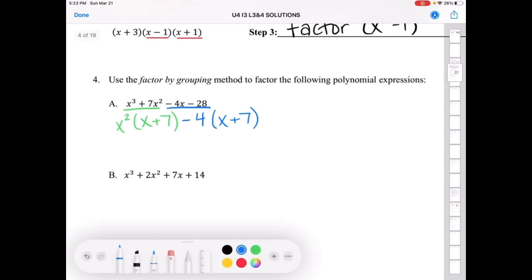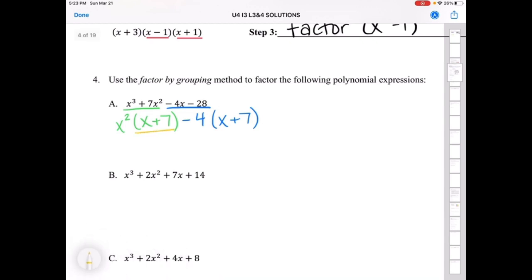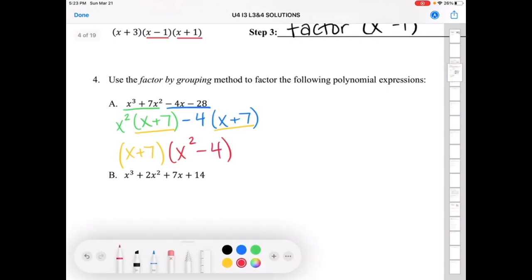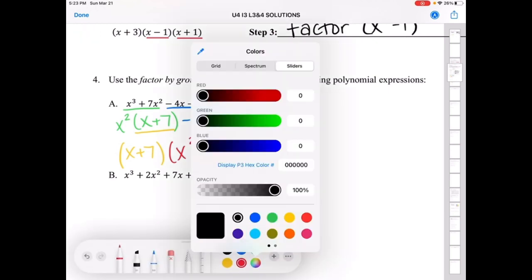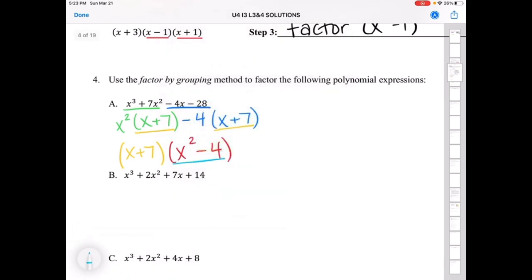Now, because I factored that out, I can see that I have x plus 7 in common. So I can factor that out of both of those terms. So I have x plus 7, and I'm left with x squared minus 4. In this situation, I actually can factor this further because x squared minus 4 is equal to x plus 2 times x minus 2.